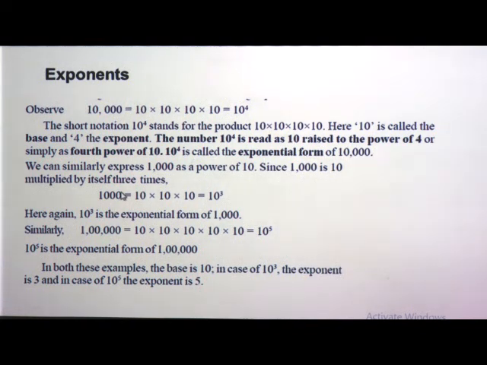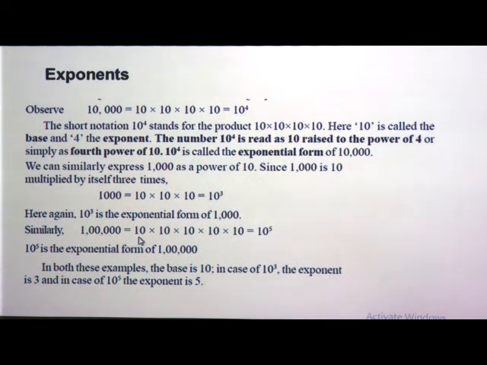So, we are multiplying 3 times, 10 multiplied by 10 multiplied by 10. So, it is 10 raised to the power of 3. Here again, 10 raised to the power of 3 is the exponential form of 1000.